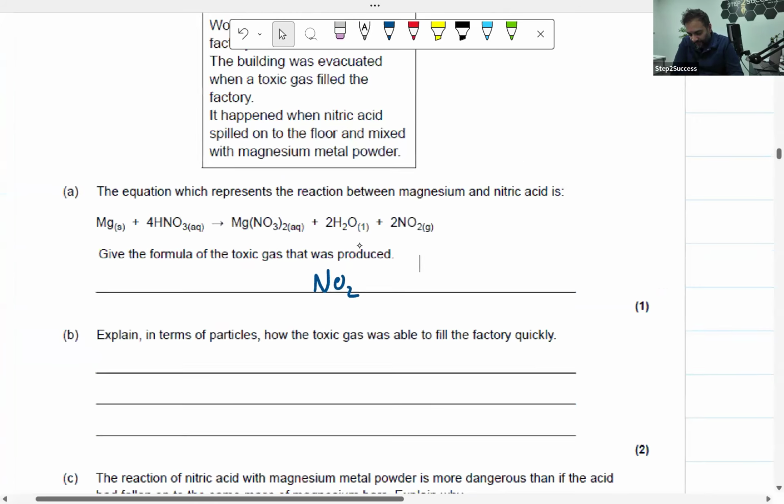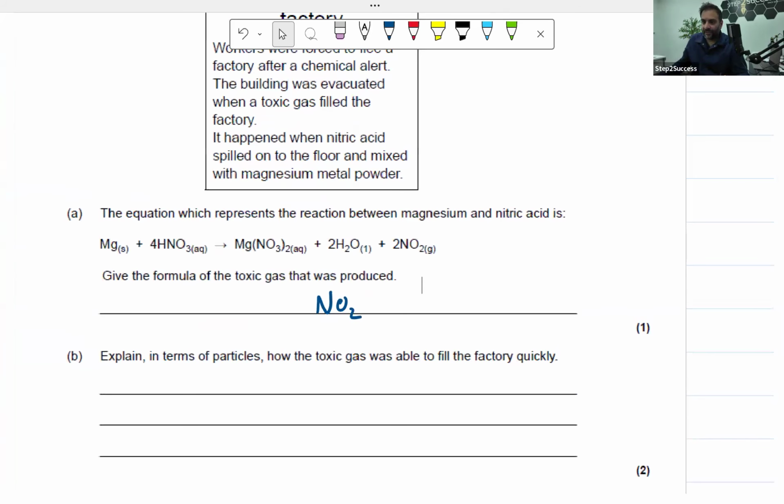Explain in terms of particles how the toxic gas was able to fill the factory so quickly. Well, I think this is something to do with gases, right? What do you know about solids, liquids, and gases? The particles in a gas move, firstly, they're not still as they are in a solid. And you don't want to say they spread out, but you can say that they diffuse.